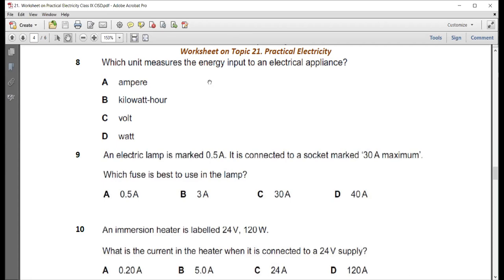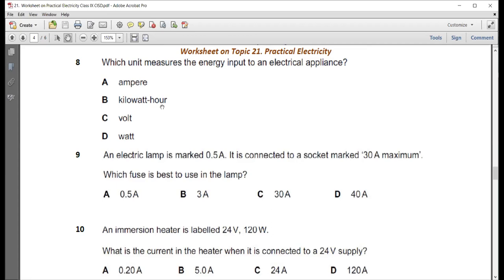Watt means joule per second, right? And joule per second multiplied by second, second will be cut, then it is joule. That means if you multiply the unit of power and unit of time, then you will get the unit of energy. Clear?